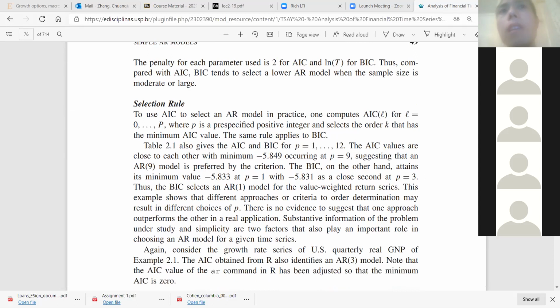So if you use the BIC criterion, it gives similar results to the partial autocorrelation criterion, AR1 or AR3, but they are very different from what the AIC criterion gives you, right? Remember the AIC and the BIC just find the minimum value corresponding to which order you want to cut off.